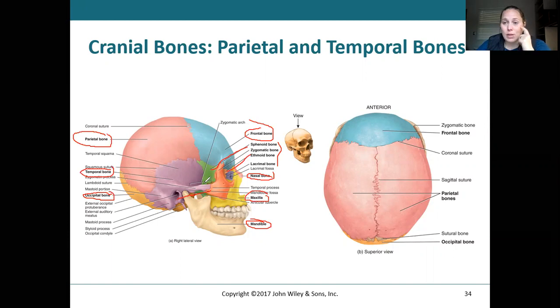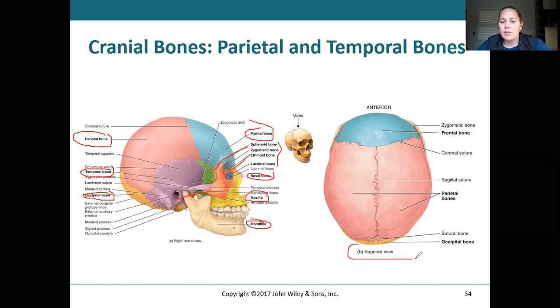The zygomatic bone, again, is going to make up that cheekbone, and that maxilla is going to be the top part of what you would consider where your teeth are embedded. Lastly, you have your mandible, again, part of your jaw.